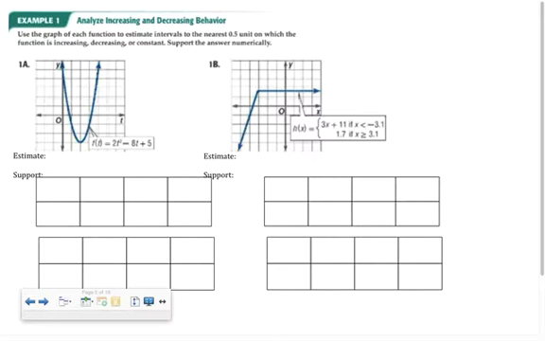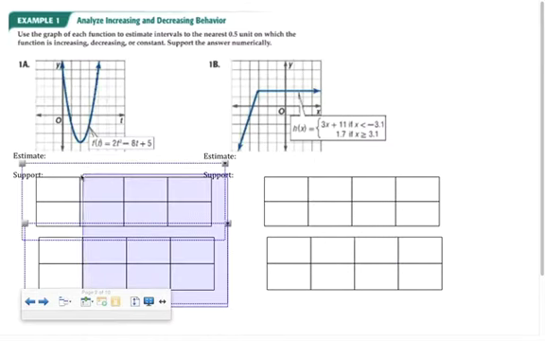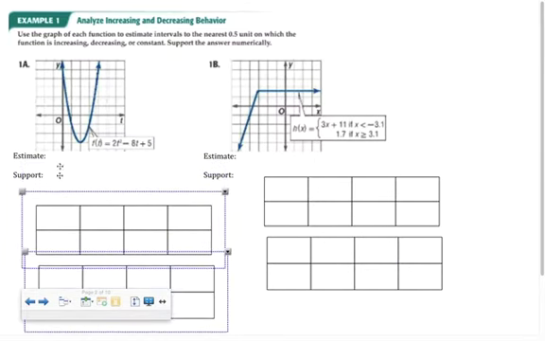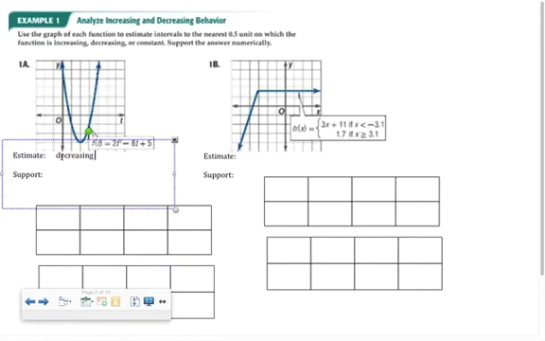So looking at part 1a in this example, I would hope that you would estimate that my graph is decreasing from negative infinity to, it looks like about 2. But then it's increasing from 2 to positive infinity.